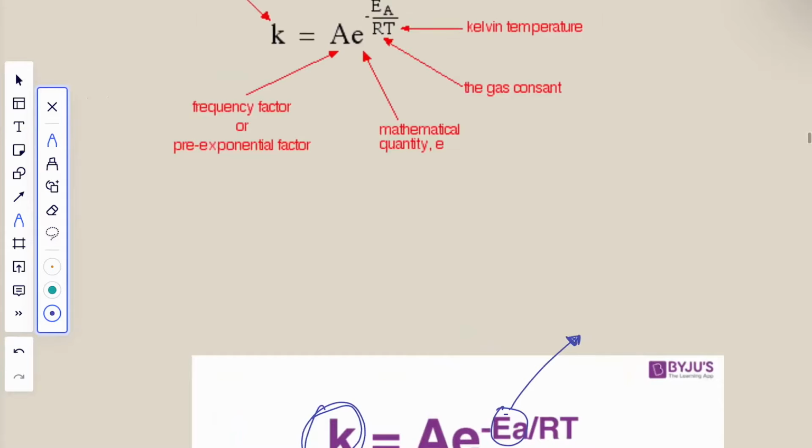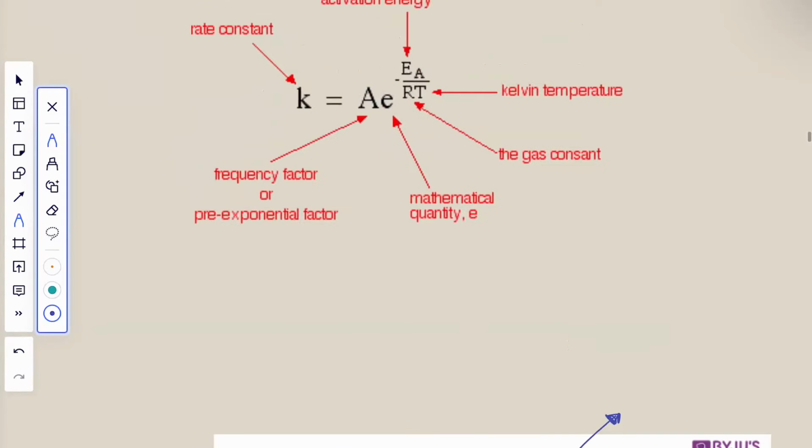EA is activation energy, which you must find later. T is temperature. R is gas constant. You know the gas constant, right? 8.31.